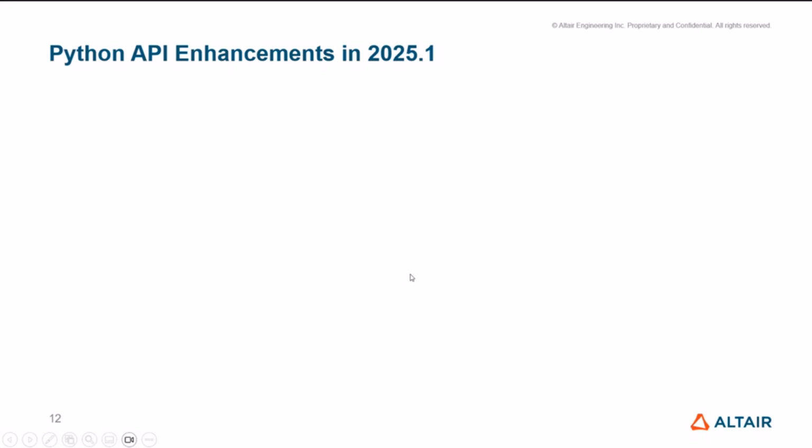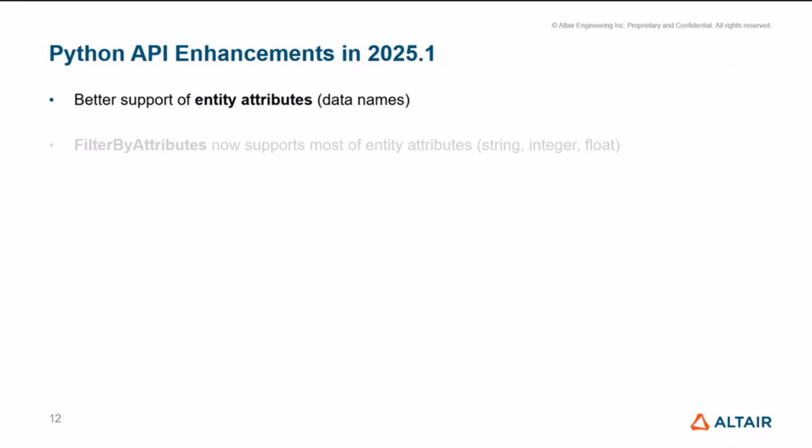So that's all from the Python decoding, and now very quickly on the Python API itself. With every version, we are bringing more improvements in terms of entity attribute support. This is an ongoing effort, and we're promising you that with every version, more and more attributes will be supported. So we carry on doing that.